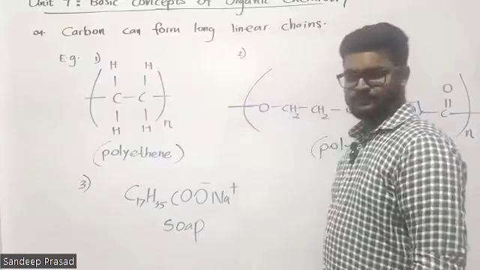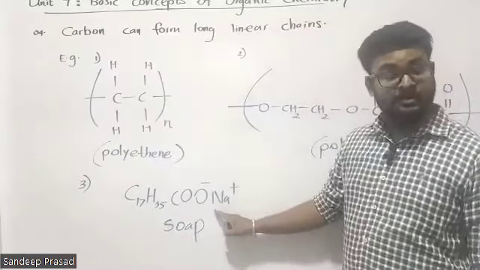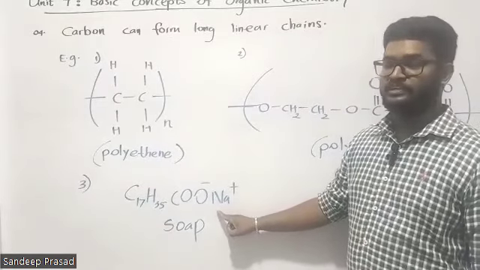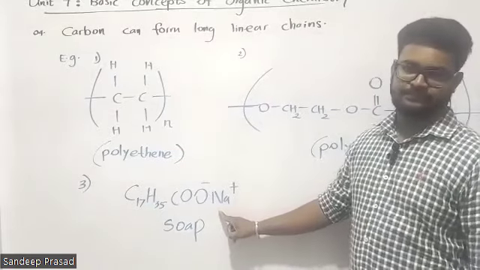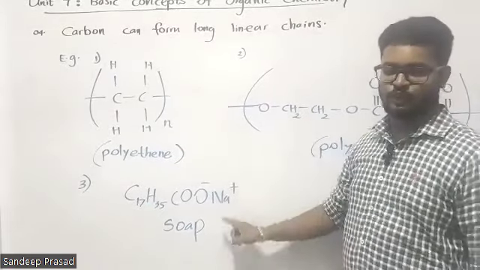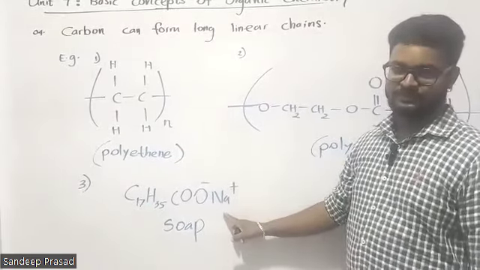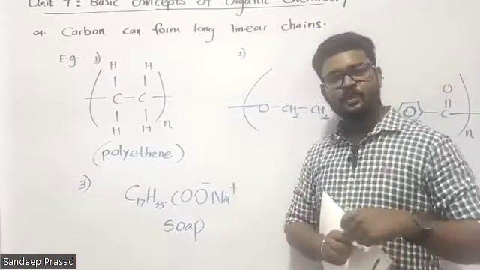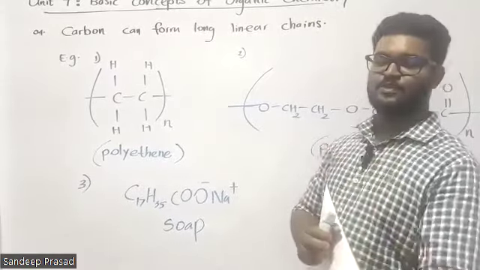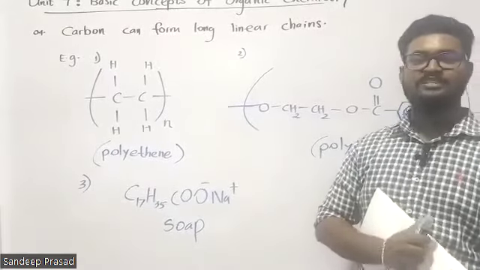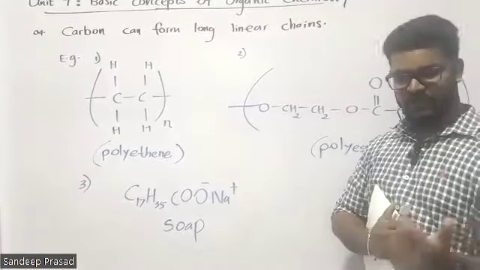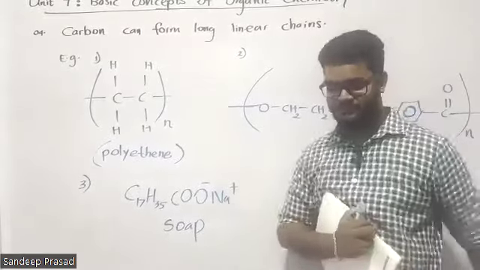Understood? We are going to discuss the production of soap in unit number 14, industrial chemistry. Very interesting, right? You can make soap at your home. What you need is coconut oil and some sodium hydroxide. If you have that, you can make soap at home.